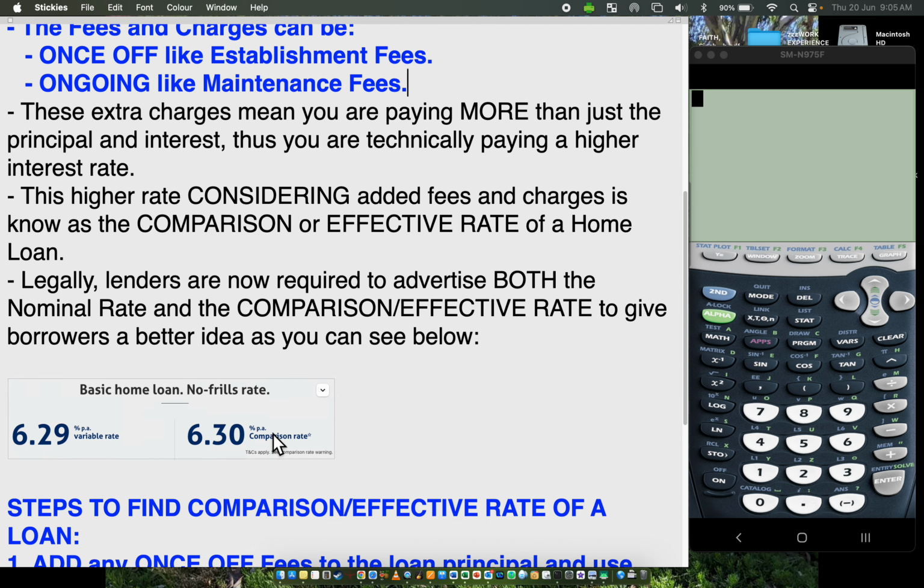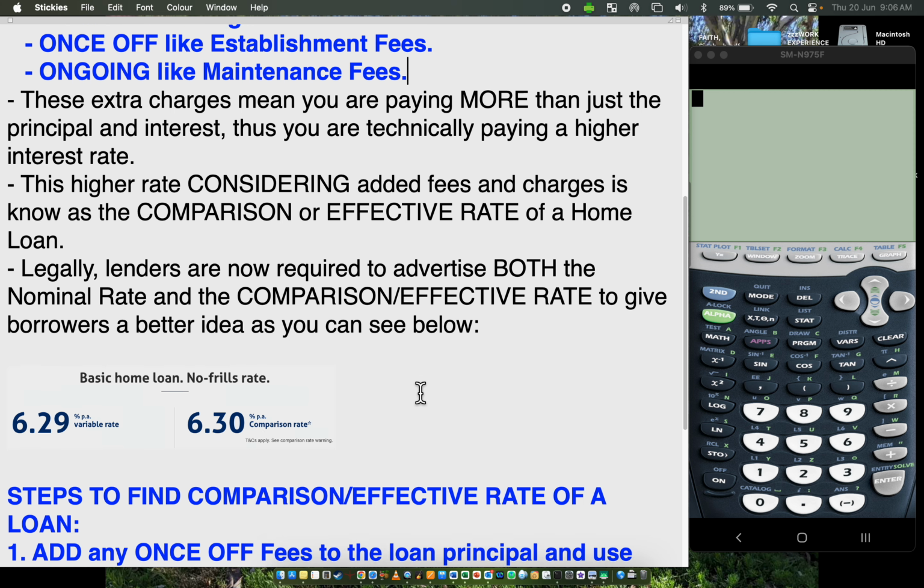So you can see here, this is the Bank SA one. When they work out what your home loan repayment is, they are using this, but they fail to account for the establishment fee and any ongoing fees which actually raise the effective rate of your home loan slightly because you're paying a little extra. They have to show both now, okay?